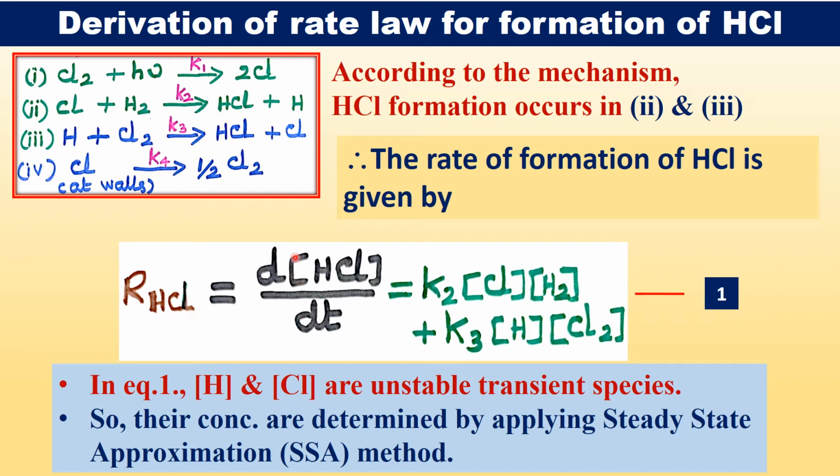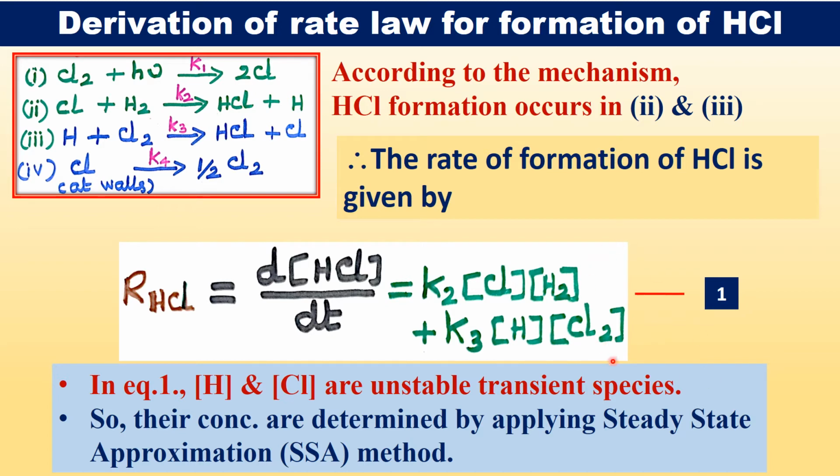R_HCl equals d[HCl]/dt equals k2[Cl][H2] plus k3[H][Cl2]. This is the rate law for formation of HCl.